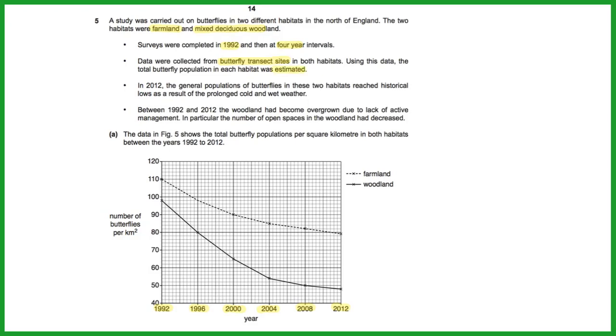Now, when you read the exam rubric like this for an exam question, it's very important to think, what have they not told me as well? What's missing? What detail is missing here that is going to be important later? One of the most important things here is that they've told you that the data was collected from butterfly transect sites, but they haven't told you how many sites, how frequently it was done at each site at each 4-year interval, so how many repeats there were.